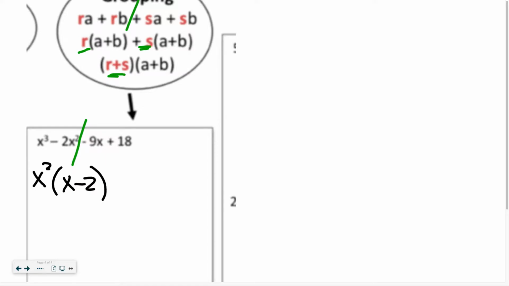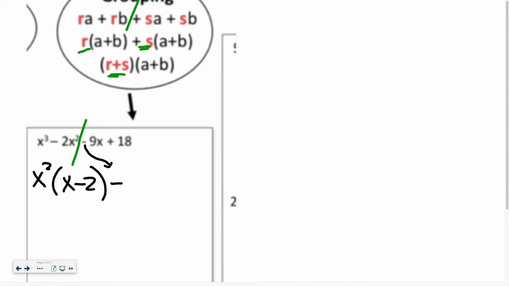Okay, now, when you do the last two terms, whatever sign is in front of the third term, that sign is going to be out here. If there's nothing that you can take out of both terms, you'll either have a +1 or a -1 out there. Okay. But when you look at 9x and 18, can you take anything out of both of those terms?